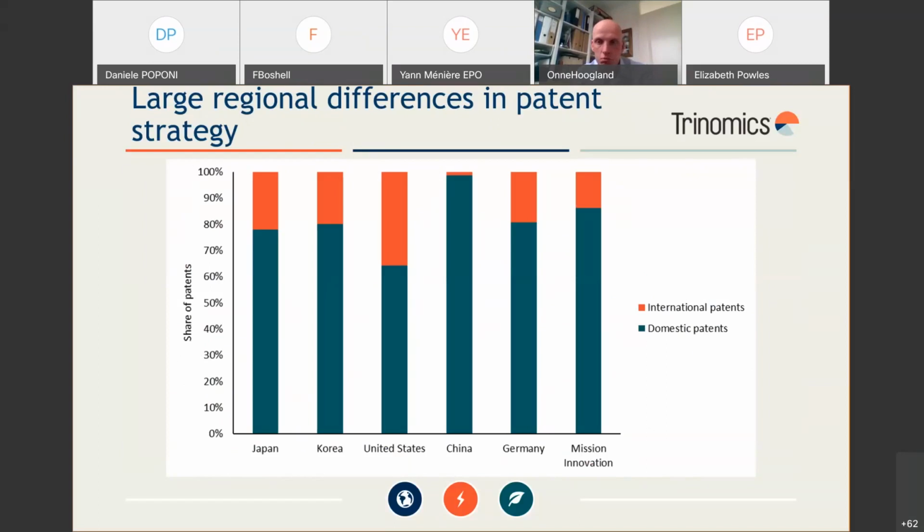For Chinese companies active in renewables, there's of course less of an incentive to file the patent abroad because the home market is already so large. It could also be because of the less international orientation of those companies. But it's very interesting to see the big contrast, in particular with the United States, for instance, where almost 40% of the patent applications are filed internationally.